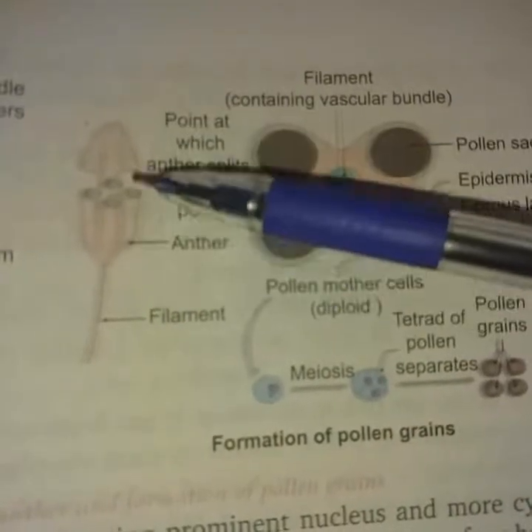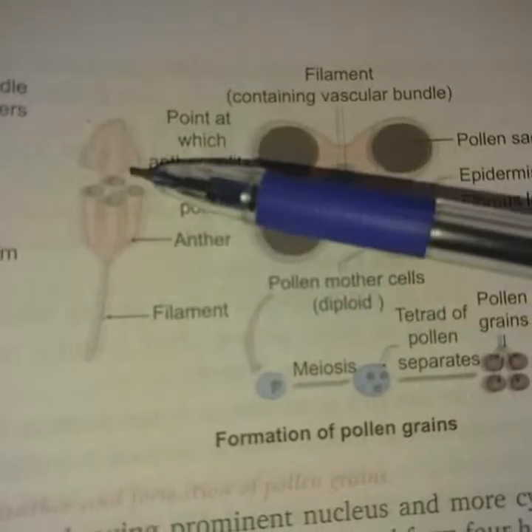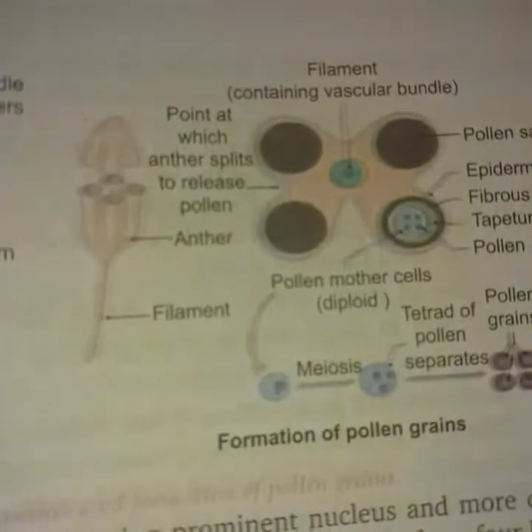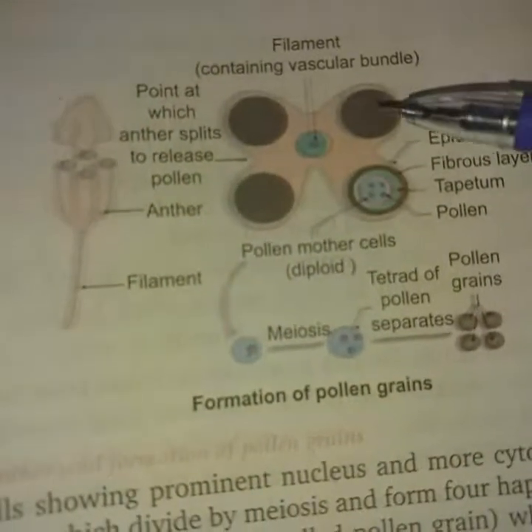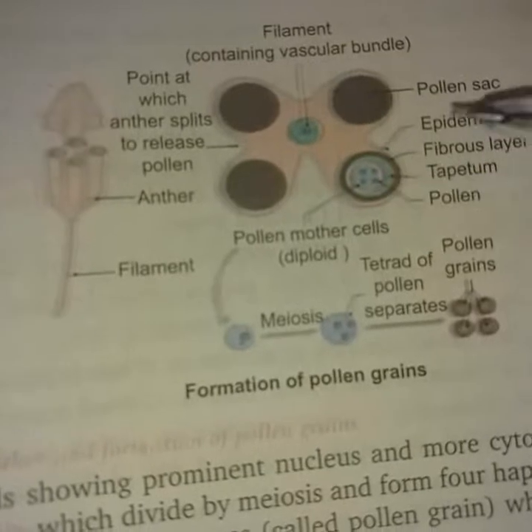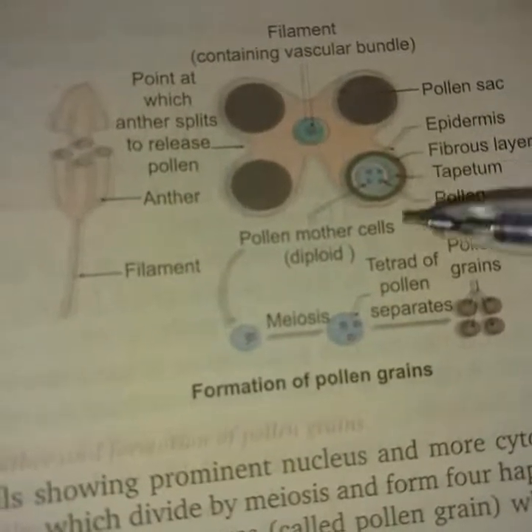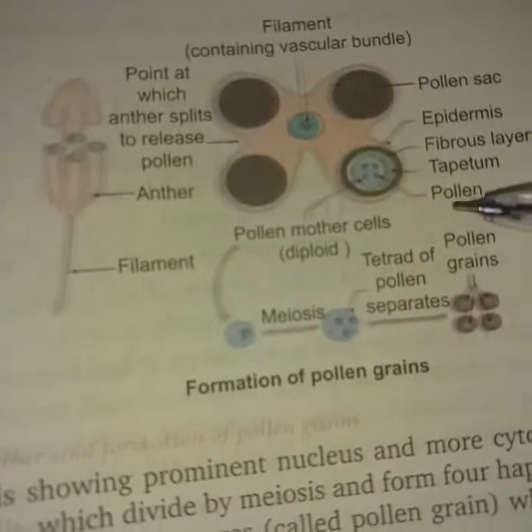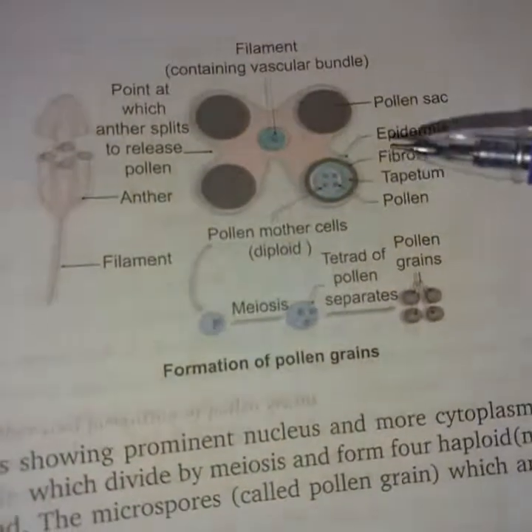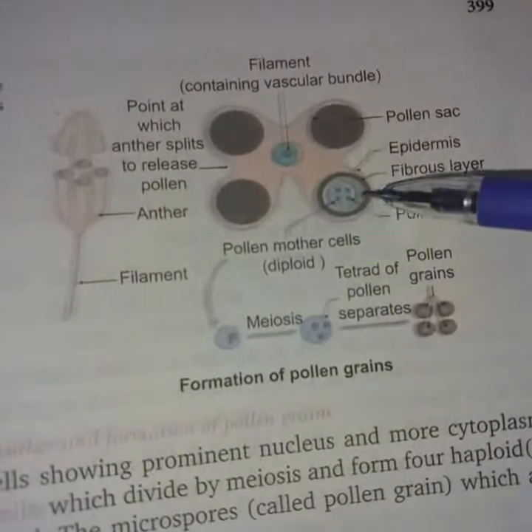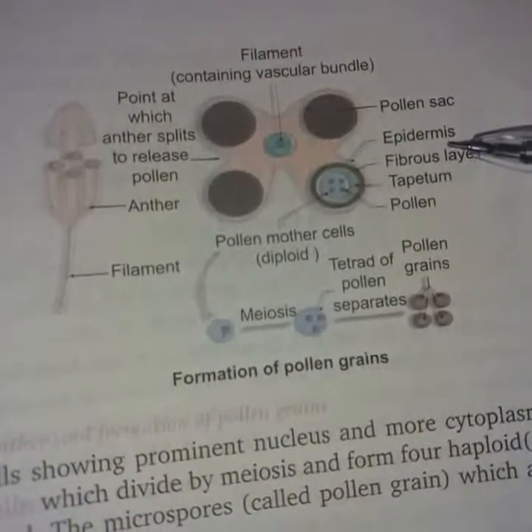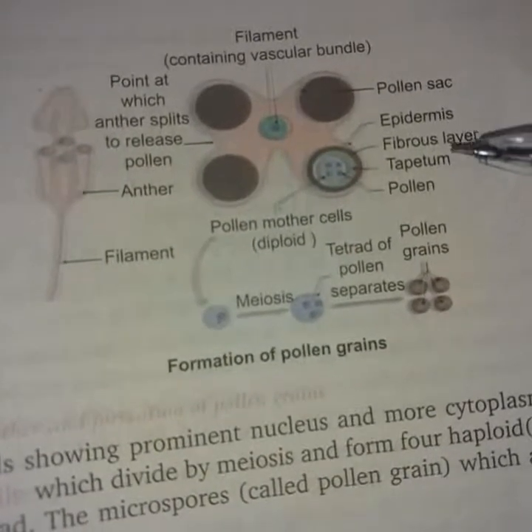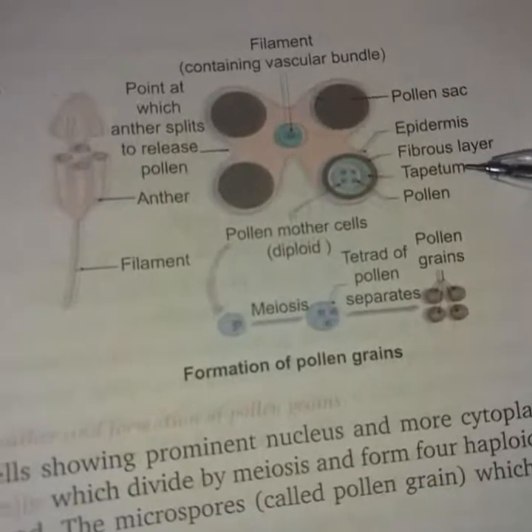This is the structure of one anther and a section cutting of one anther. This hollow structure is this. It's a round shaped structure called the pollen sac, and its grain-like structures are pollen grains. Its outer wall is called the epidermis, the middle layer is called the fibrous layer, and the last is called the tapetum.